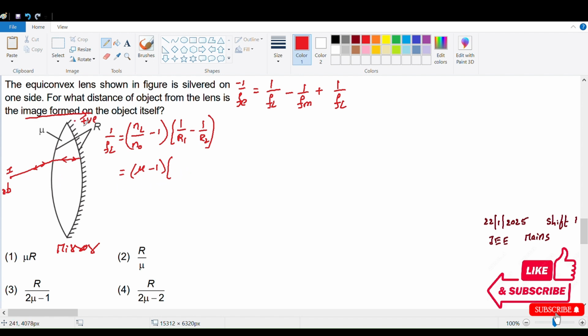R2 forms a sphere somewhere here, so R2 will be negative. So you see 1 by R, minus of minus, plus 1 by R. So what do you get? R is the LCM, so it is (mu minus 1) into 2 by R. That is the lens. Just substitute here.